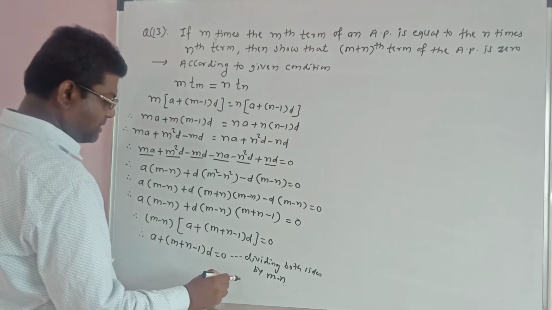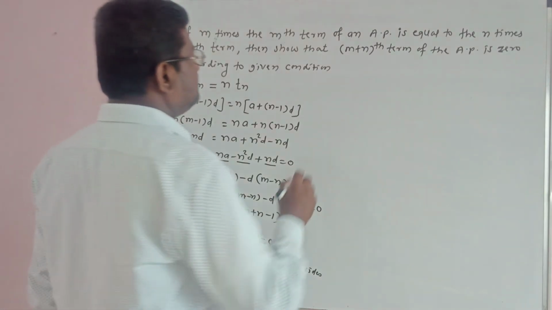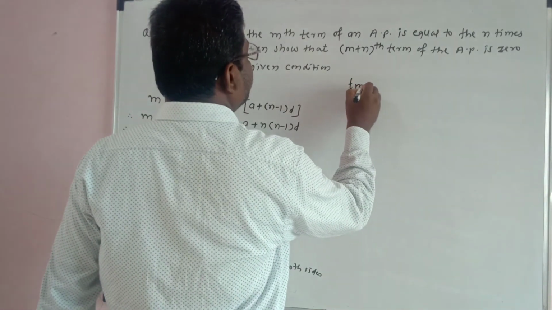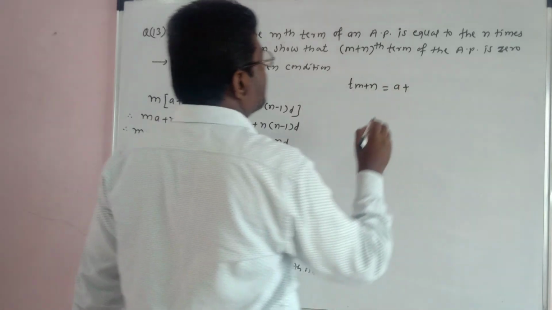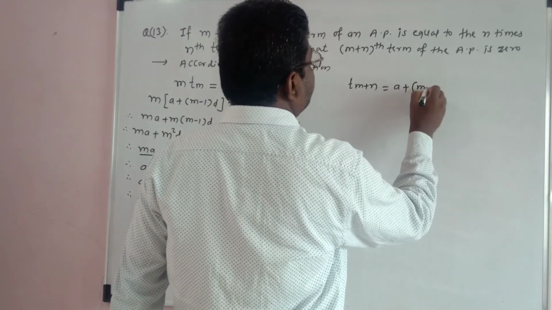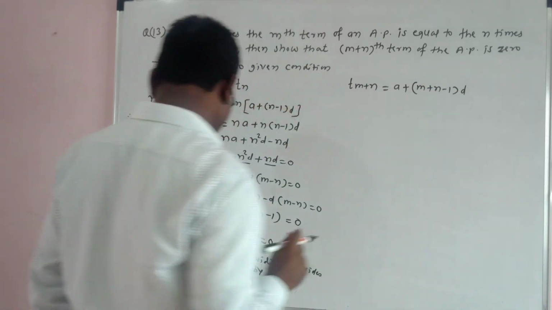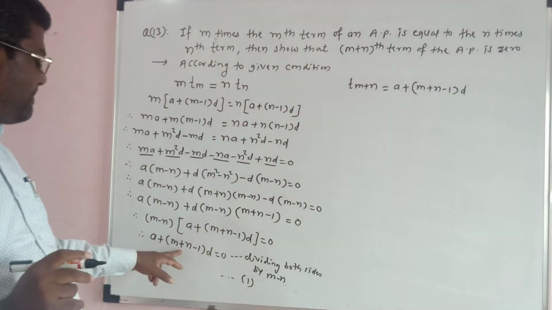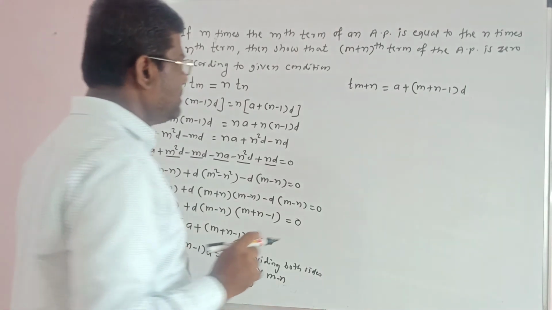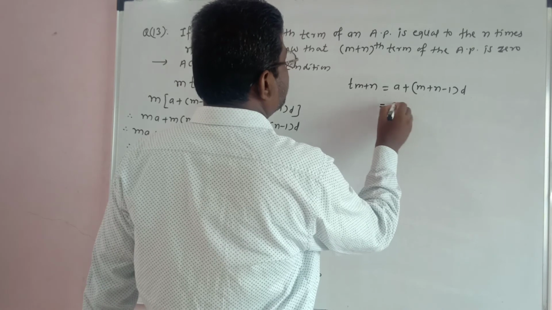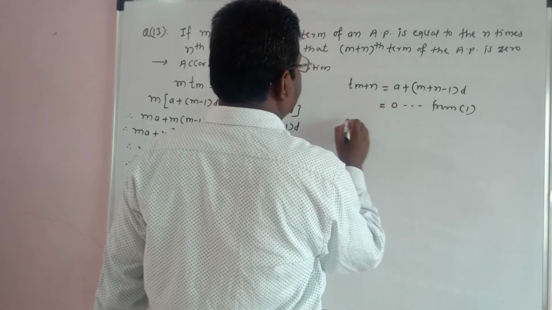So this is equation number 1. Now t m plus n is equal to a plus in bracket m plus n minus 1 into d, but a plus m plus n minus 1 into d is equal to 0, from equation 1.